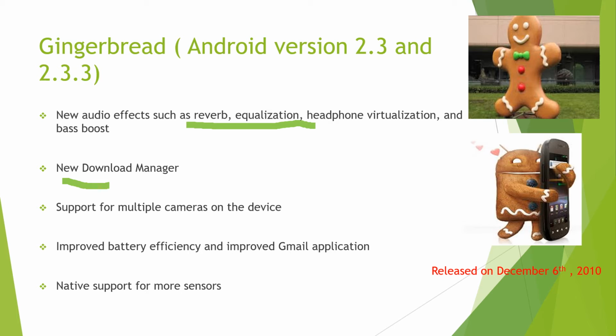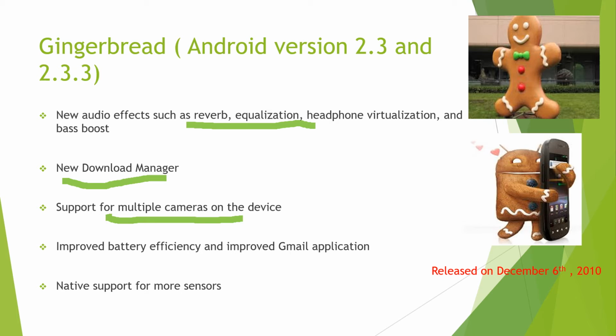And new download manager was also introduced. So download manager gave users easy access to any file which was downloaded from browser, email, and any other application. So user could easily access all these files. And there was support for multiple cameras on the device. So the front camera support was provided in Gingerbread.